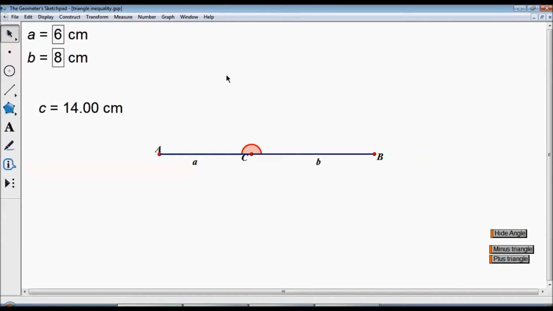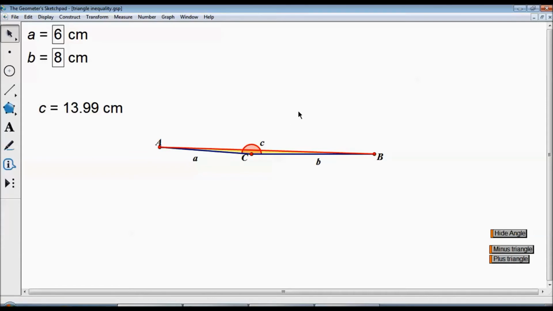So that's interesting. Remember, the two sides that we started with were 6 and 8. And we had to have it larger than 2, so we could get it close to 2, but it couldn't actually be 2. And we could get it almost as big as 14, but not quite. Otherwise, it's not a triangle.